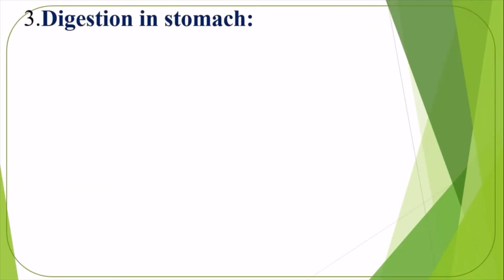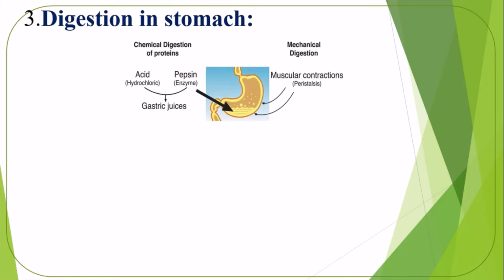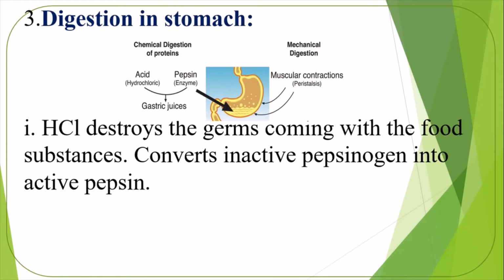Digestion in stomach. Follow the figure attentively. Hydrochloric acid destroys the germs coming with the food substances and converts inactive pepsinogen into active pepsin.